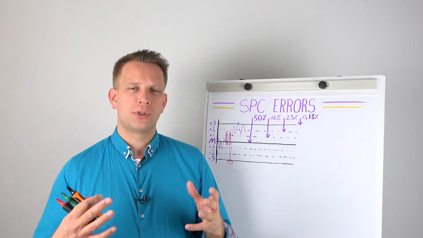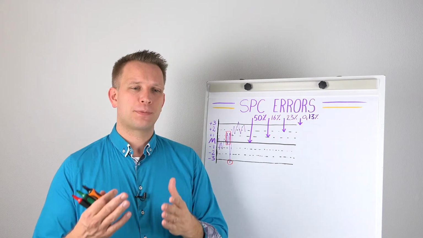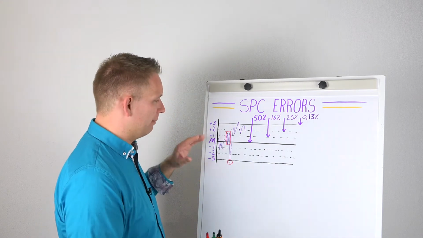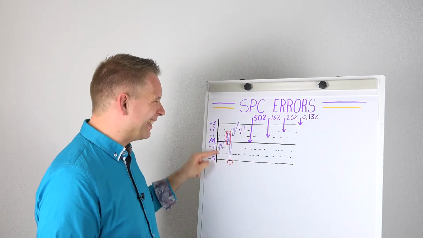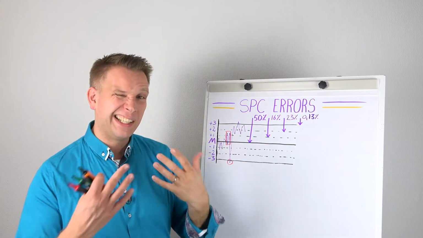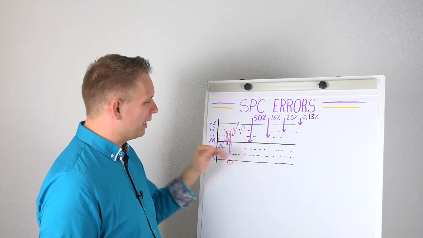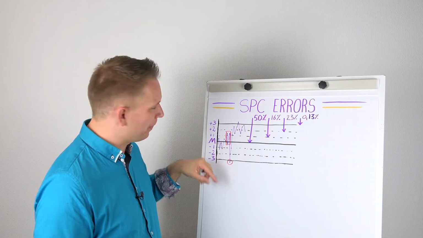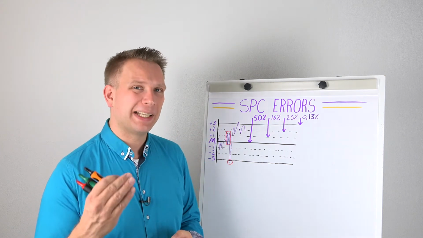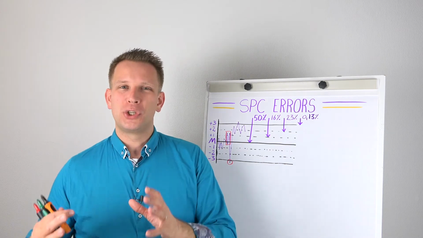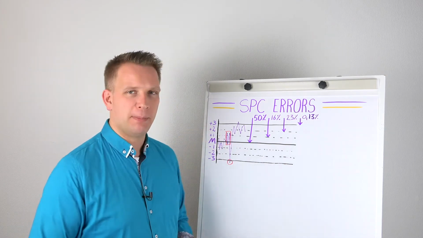So there are these rules to pick up: is this process still centered? I just drew a couple things here. This is not nicely normally distributed, but the idea is that up until here, the process is still basically centered. So can this happen? Yes, sometimes it can happen, but usually this indicates that the process has shifted a bit.